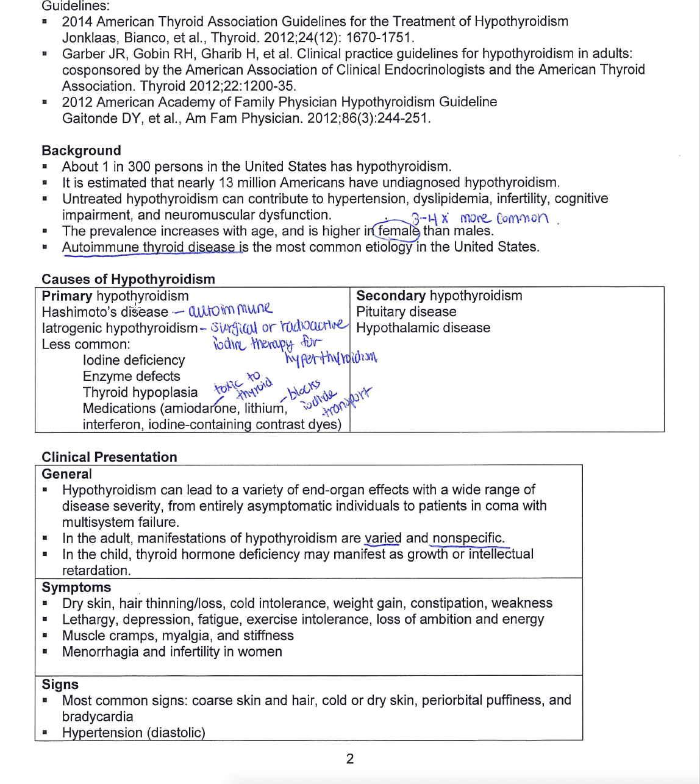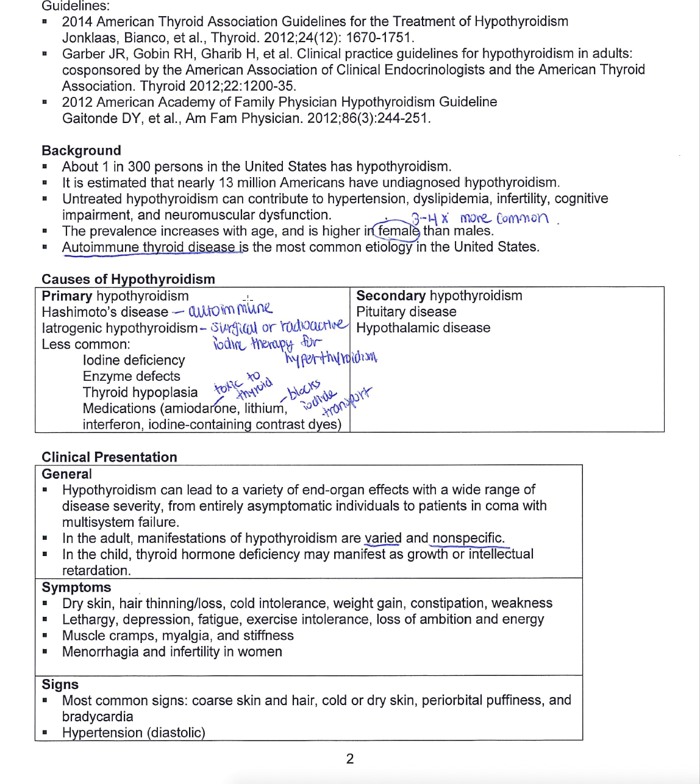So primary hypothyroidism is basically when there is something wrong with the thyroid gland itself. It's not making enough thyroid hormones, whereas secondary hypothyroidism is caused at either the pituitary or hypothalamus level. Because there's something wrong with the pituitary and hypothalamus, not producing enough stimulating hormones, that leads to reduced production of thyroid hormones.